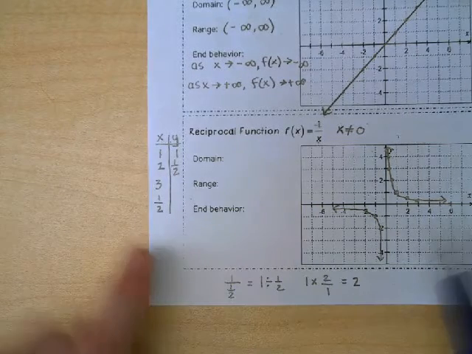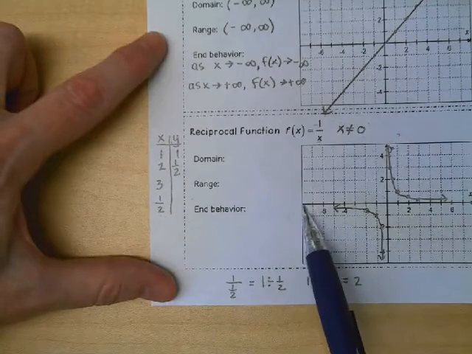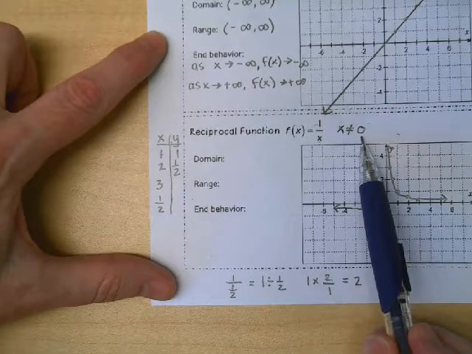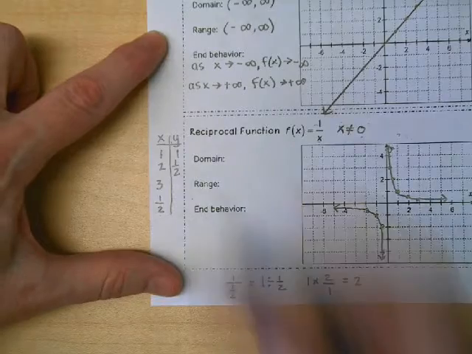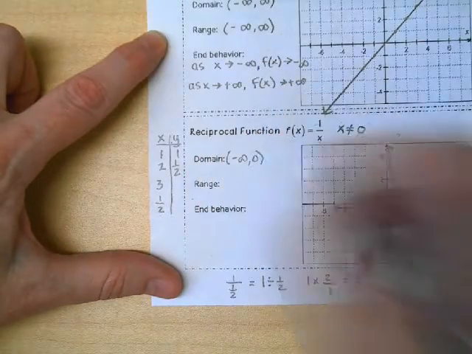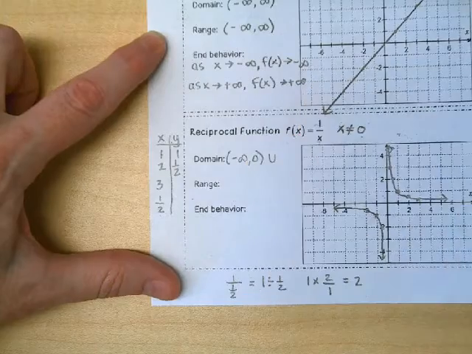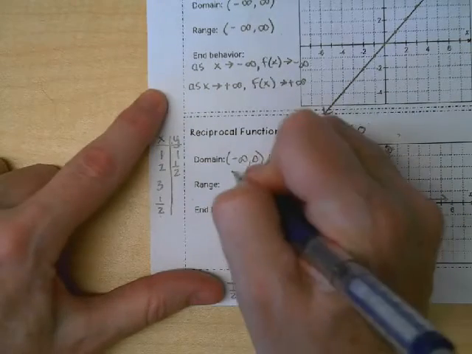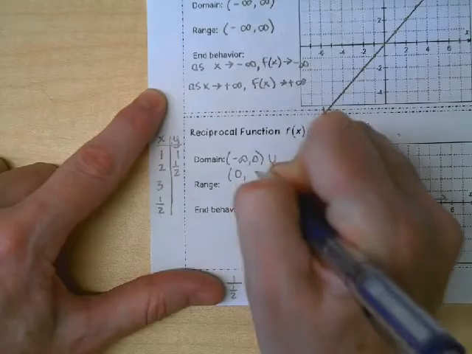Okay, so let's look at the domain of this. The x values, I could put anything in I wanted for x except for 0. So the way I show that is I'm going to go from -infinity to 0 in union with, and it's not really a U, it's a different symbol that looks like a U, to 0 to infinity.